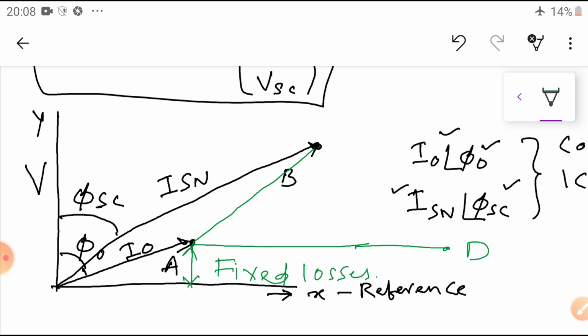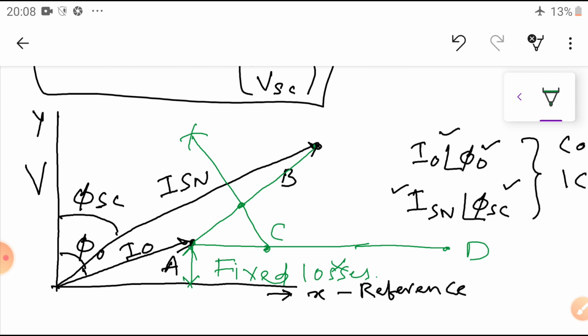Now bisect the line AB by using the compass. Where the bisector cuts, we call it the center C. A and B should be on the semicircle.